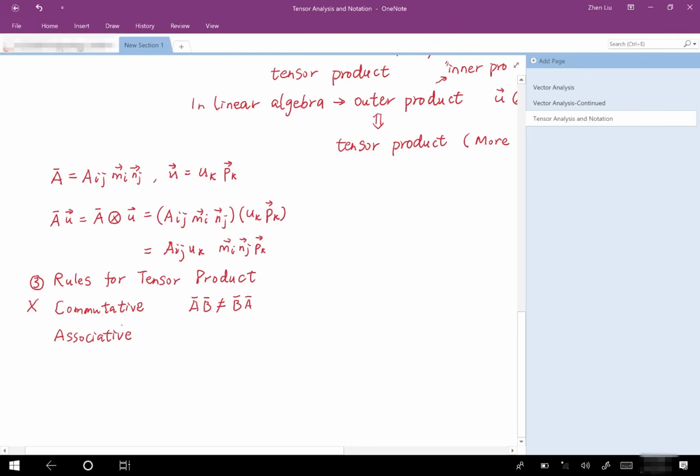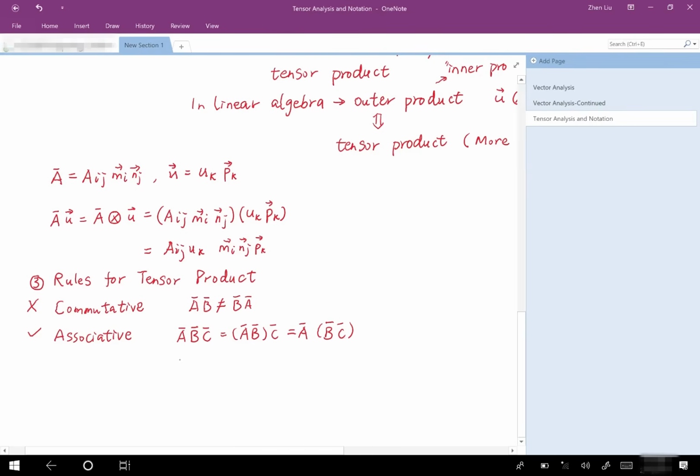And then for the second one, A, associative. We have the following rules. So this one works. For example, we have A, B, C, and this one equals A, B, C, and equals A, B, C. And if we have scalars, this rule is also valid.